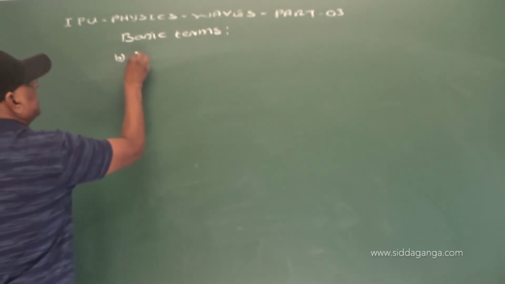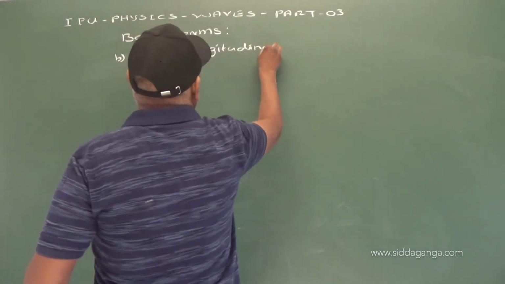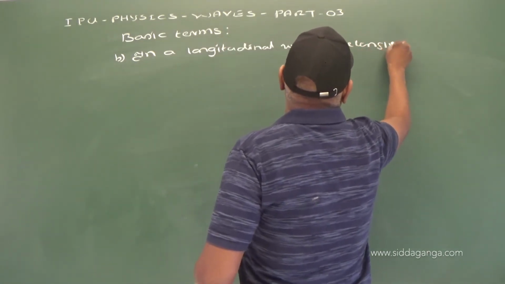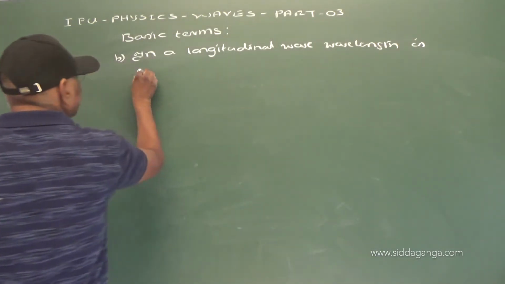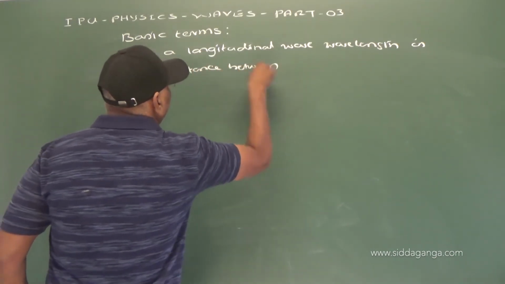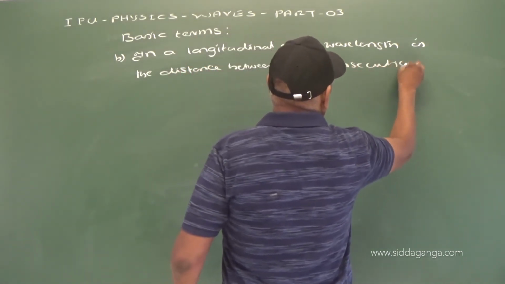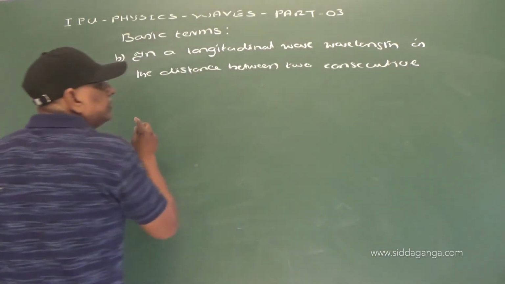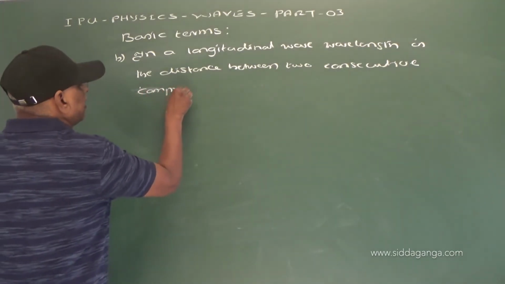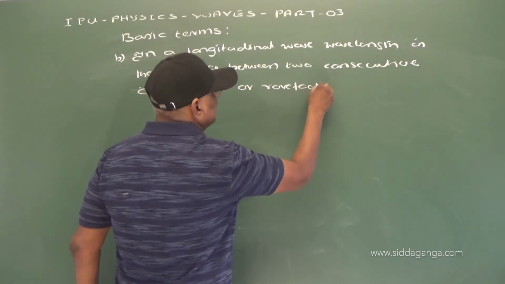Now B, in a longitudinal wave, the wavelength is the distance between two consecutive compressions or rarefactions.